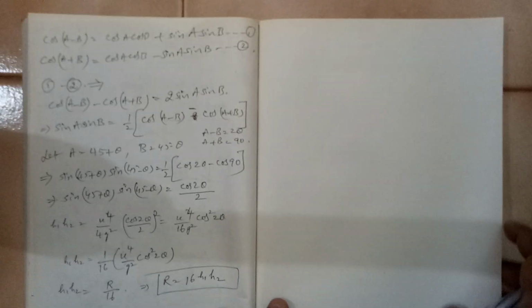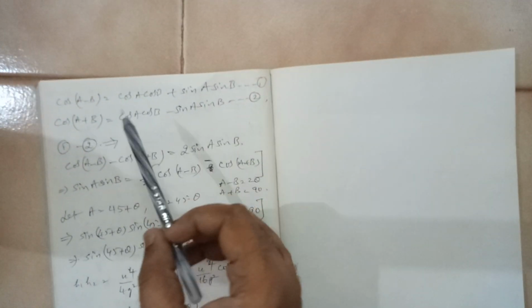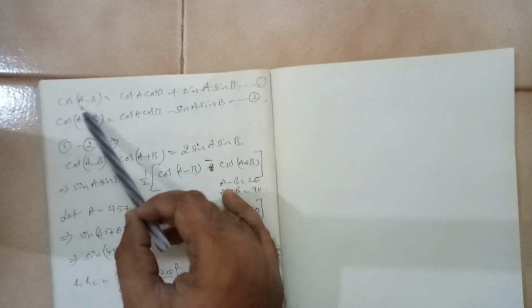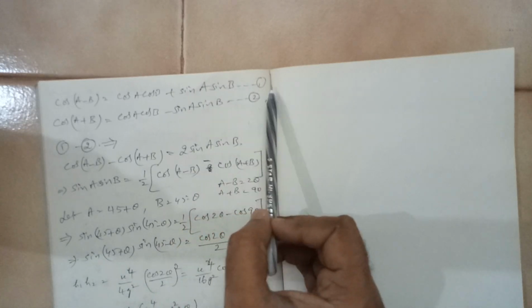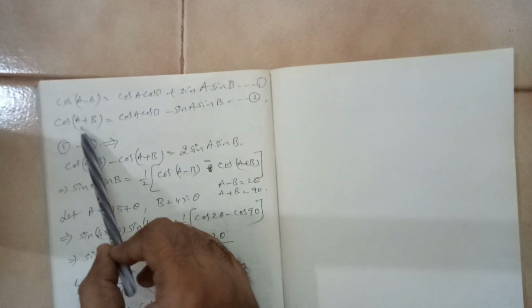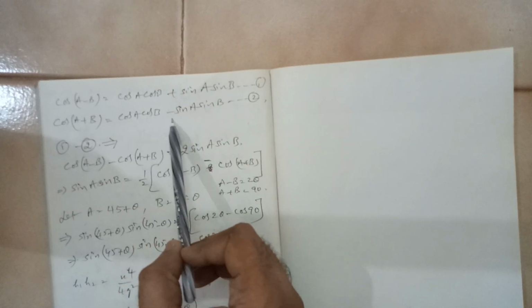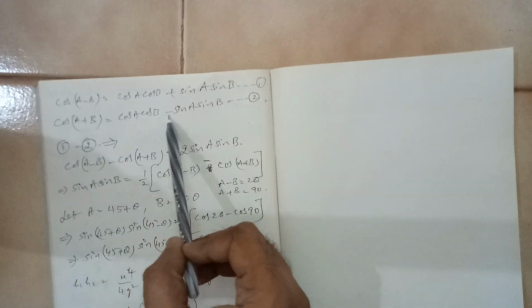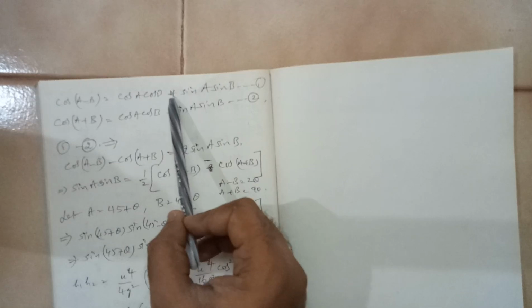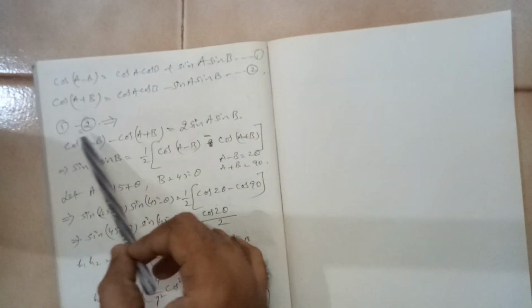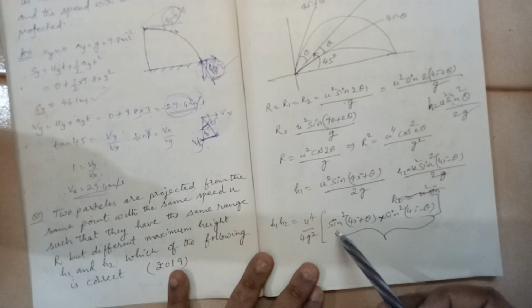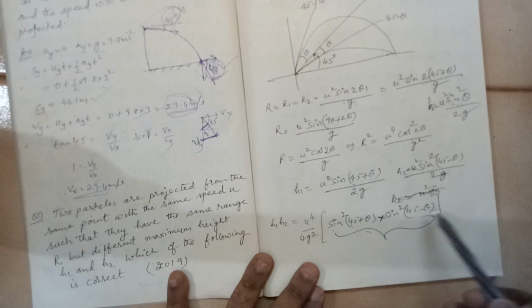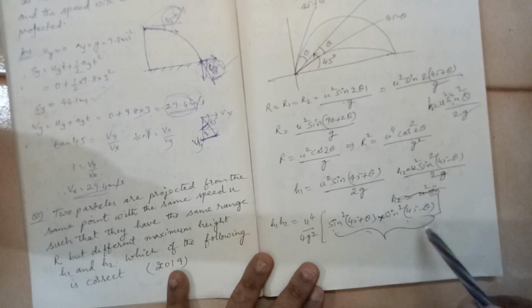For this we will recollect this formula: cos of a minus b, where a and b are two angles, is equal to cos a cos b plus sin a sin b. This is equation 1. Similarly, cos of a plus b is equal to cos a cos b minus sin a sin b. If there is plus here, it will be minus here. If there is minus here, it will be plus here. This is in the format of sine square, sin a sin b whole square.